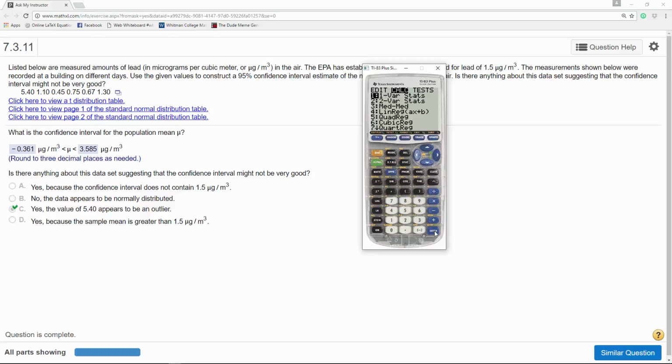And so the one variable stats gives me, based off of my list, second L1, my mean, which is 1.612, and it gives me my standard deviation of 1.88. So I don't have to go to the trouble to manually find these.